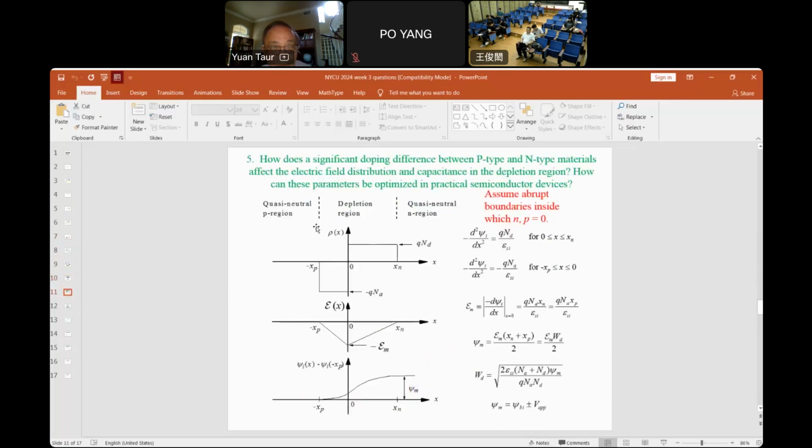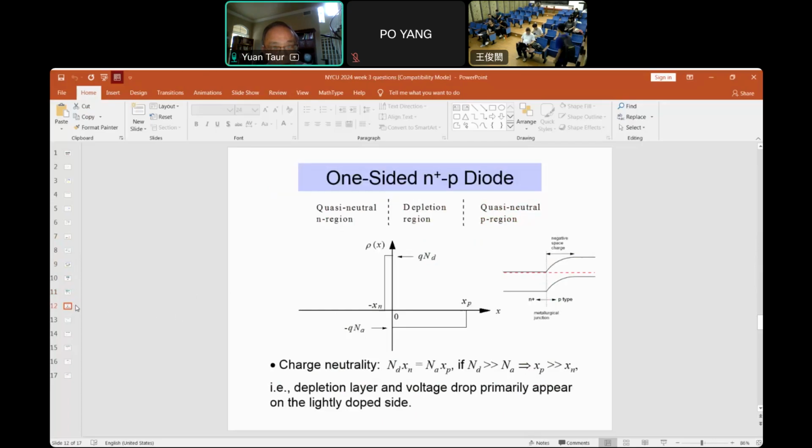Next question. Sigmoid doping difference. When we cover the depletion approximation, we assume arbitrary NA and ND, except that it's got an abrupt boundary. So we can solve for the field as well as the depletion layer width. And if they are very different, then the key is that most of the depletion region is in the lower doped region.